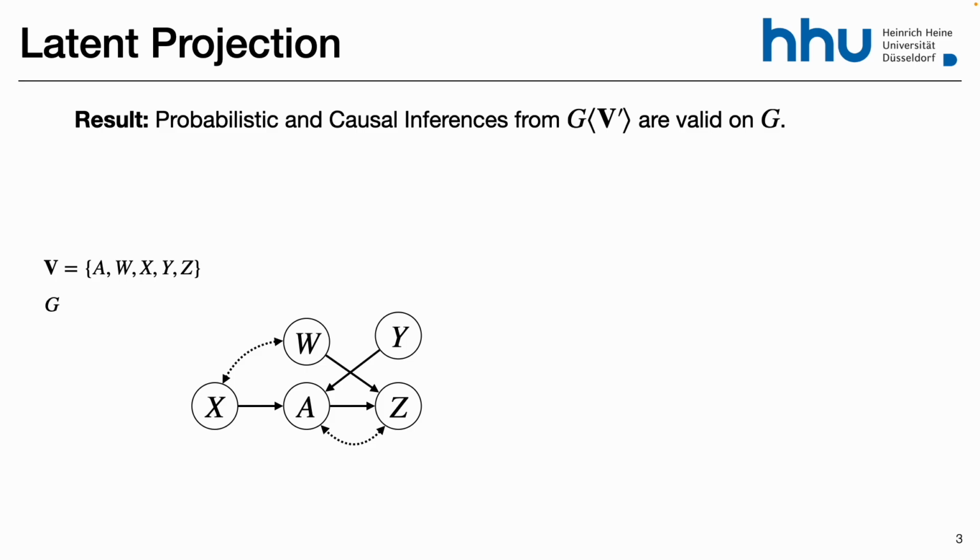But of course, not everything that you could get from G, you will be able to get from G over V prime. It's just weaker, right? You are working on a subset of variables, so you have more confounding, you don't have ways to condition on different variables. So of course you have less information, but if you have anything derived from this projection, you can be sure that it's going to work on the original graph.